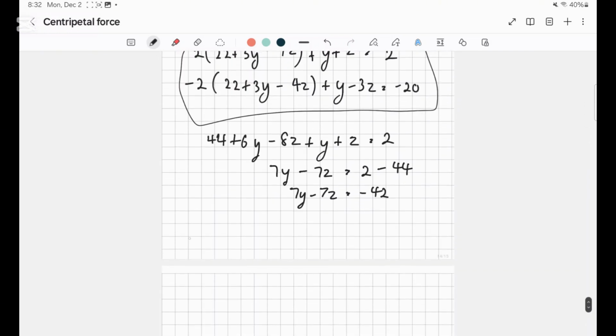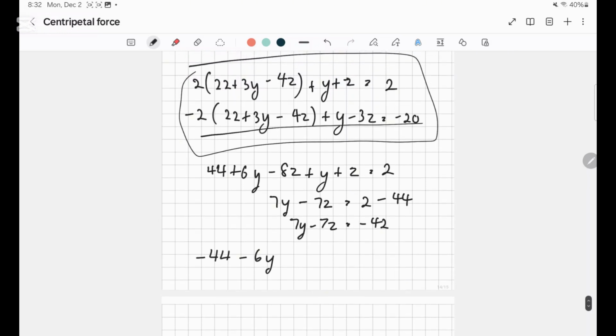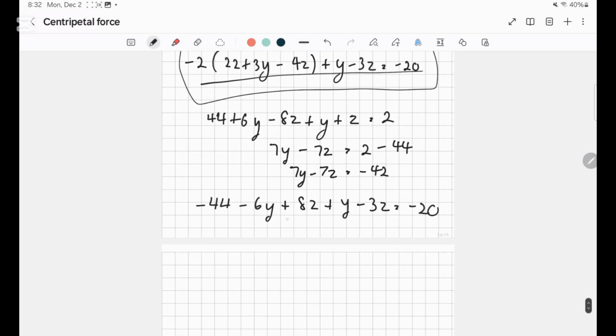So it's minus 44. I'm doing this one, all right? Minus 44 minus 6y plus 8z plus y minus 3z equals minus 20. So this will give you minus 5y plus 5z equals minus 20 plus 44, right?